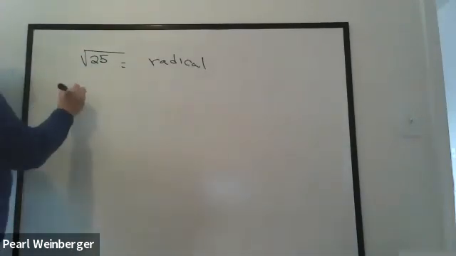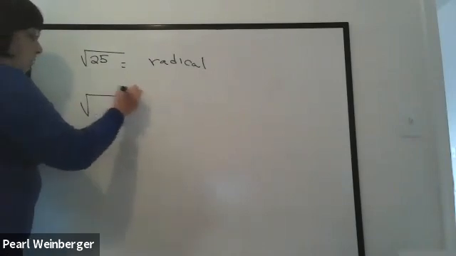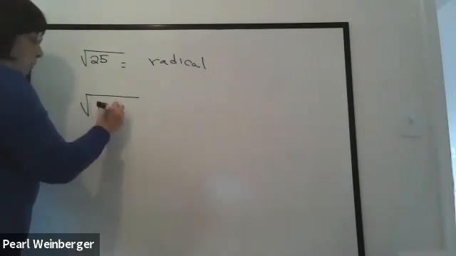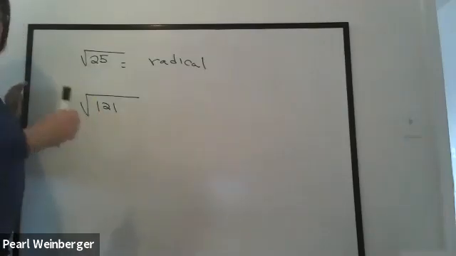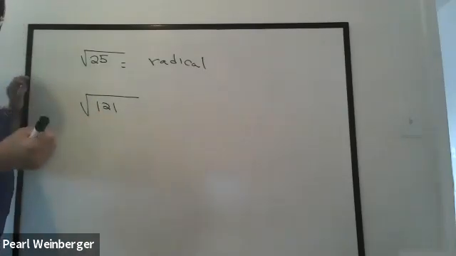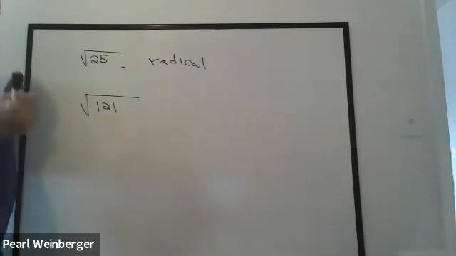Now, if I give you something like the square root of 121, that is something you can do. 121 is what we call a perfect square, a number that is something times itself.